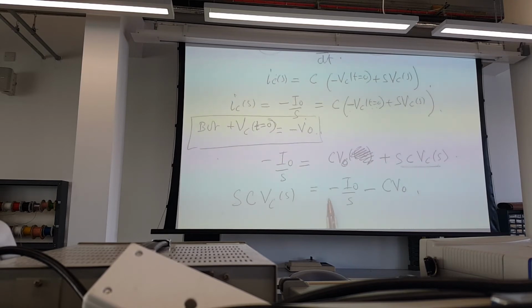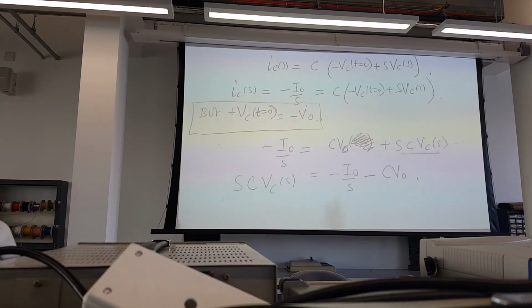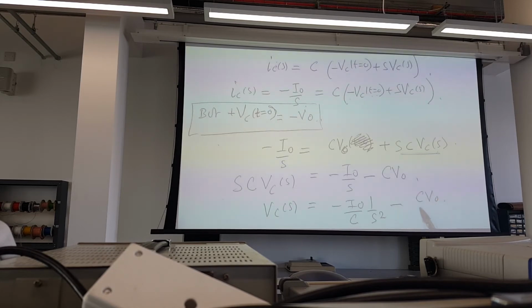I've taken it back over to this side. Can you see that? And now, of course, I can divide by SC, so you get VC of S equals minus I naught over C, 1 upon S squared, minus CV naught, all over SC.